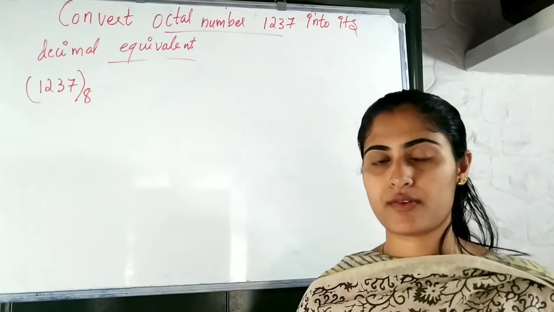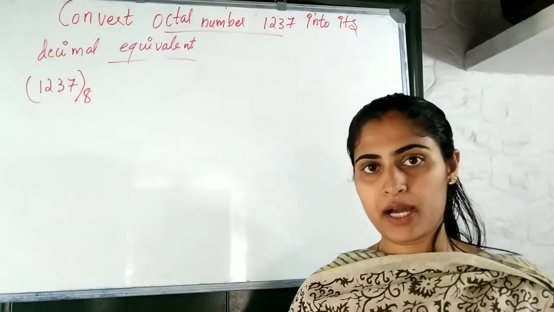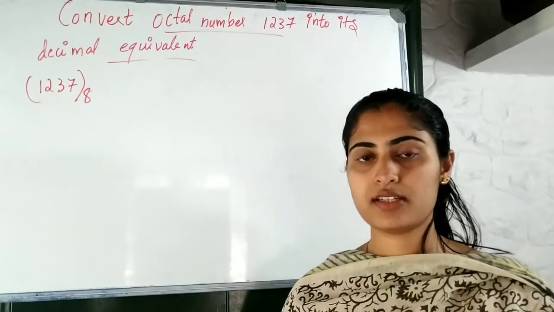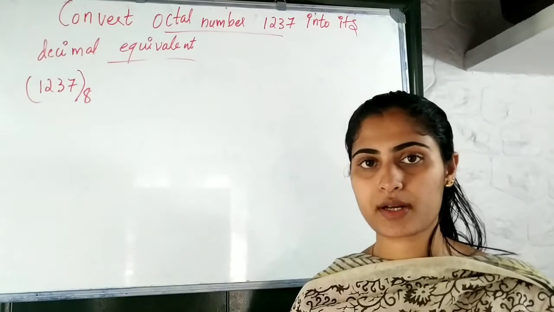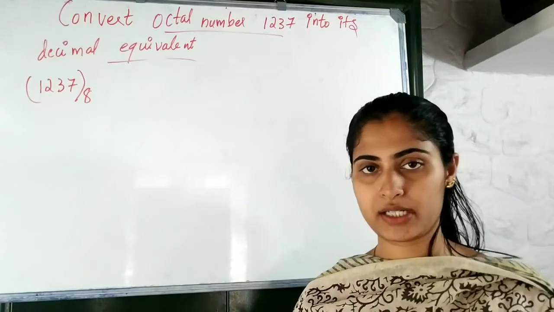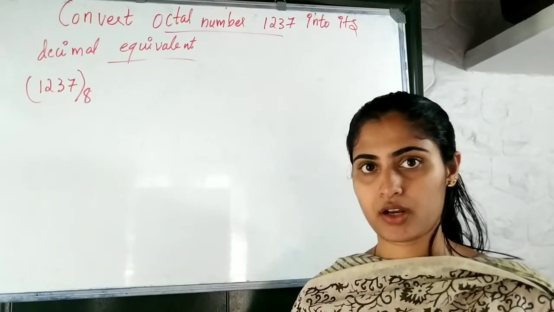The difference is that in the binary system we used 2, and in the octal system we use 8, because the base of an octal number is 8.